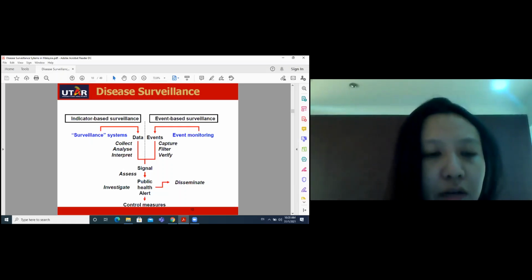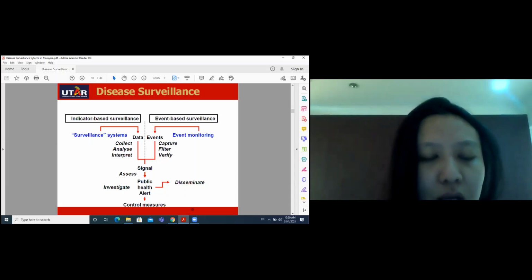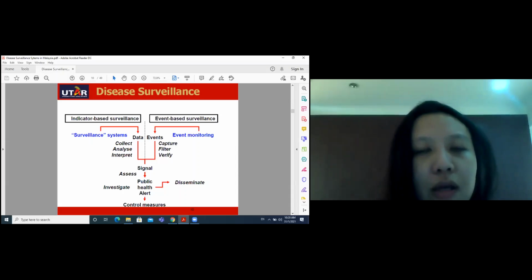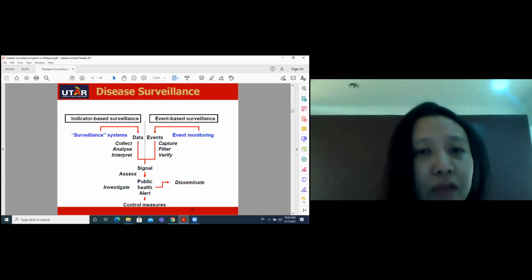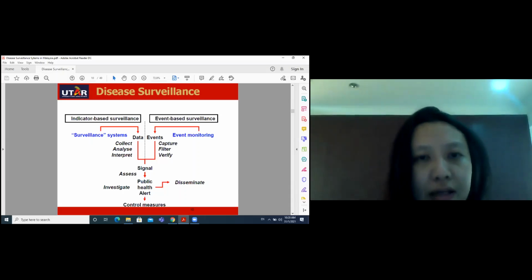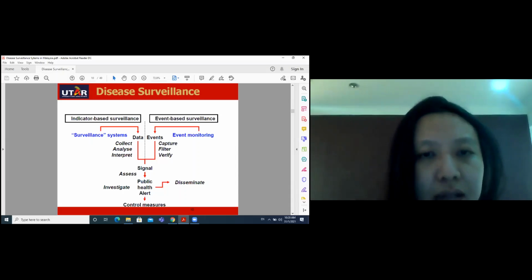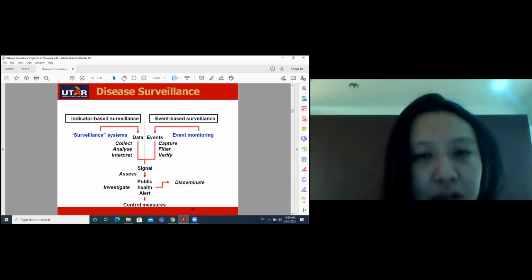Information from event-based surveillance includes rumors or ad hoc reports, obtained either from the formal channel, an established routine reporting system, or the informal channel, including the media, health worker reports, and non-governmental organization reports. And indicator-based surveillance is based on the diseases already listed in our Act. So we can collect, analyze, and interpret the data, and also monitor, and finally evaluate whether it is effective or not.